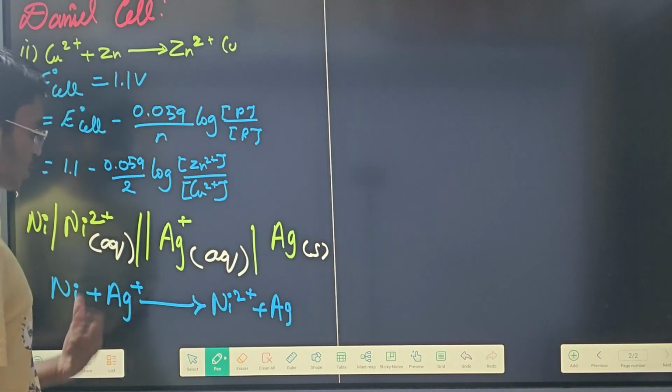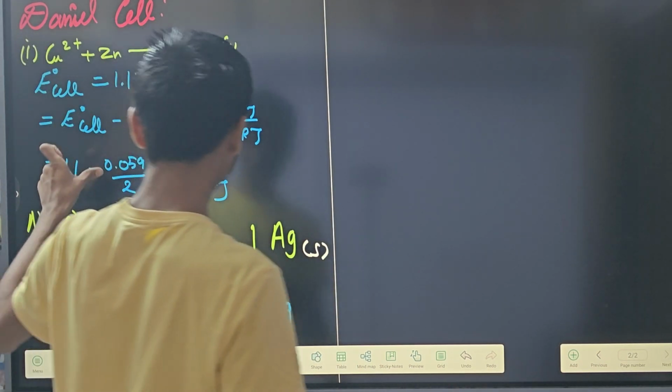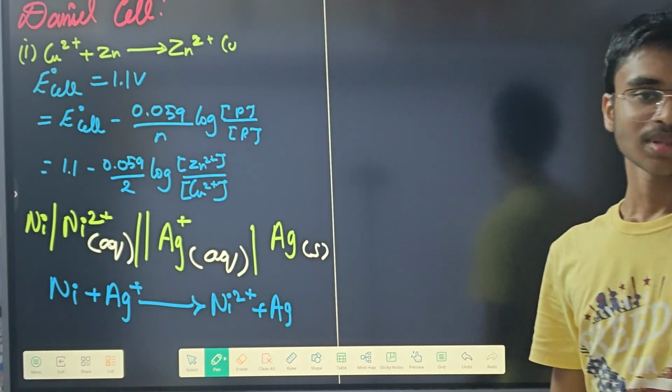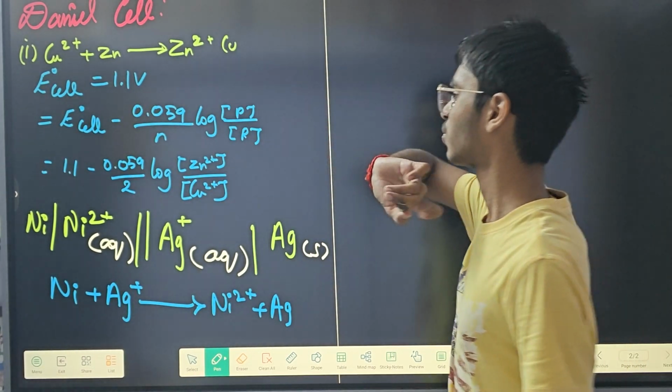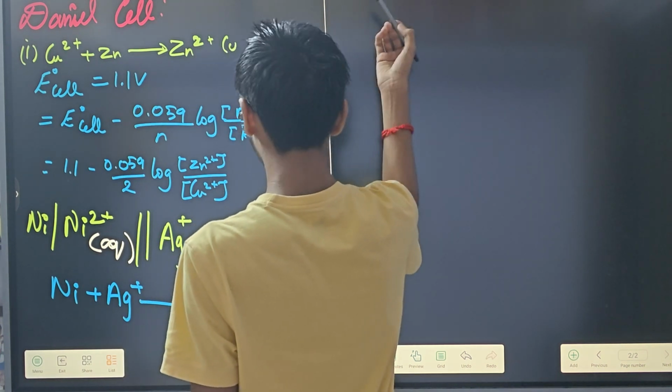So this one we have got, perfect. Just substitute over here. I don't know the E naught value for every reaction, but for this reaction it is 1.1, that I know very well. So I can just substitute over here.